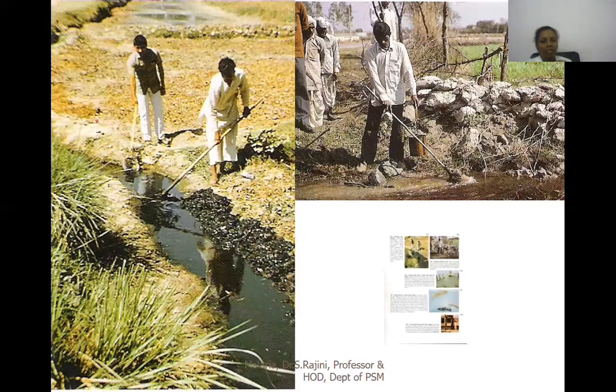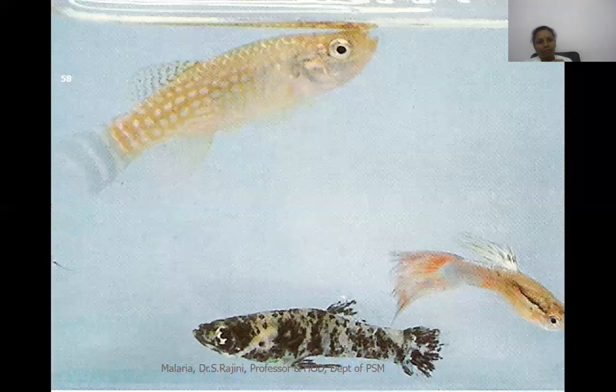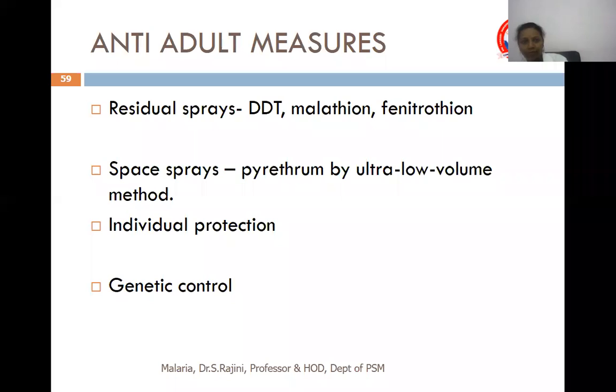Environmental control includes deweeding, desilting, and not allowing water to stagnate. These are the various fishes that are introduced. Next is anti-adult measures. We have residual sprays, which are sprayed inside the houses where adult mosquitoes fly.